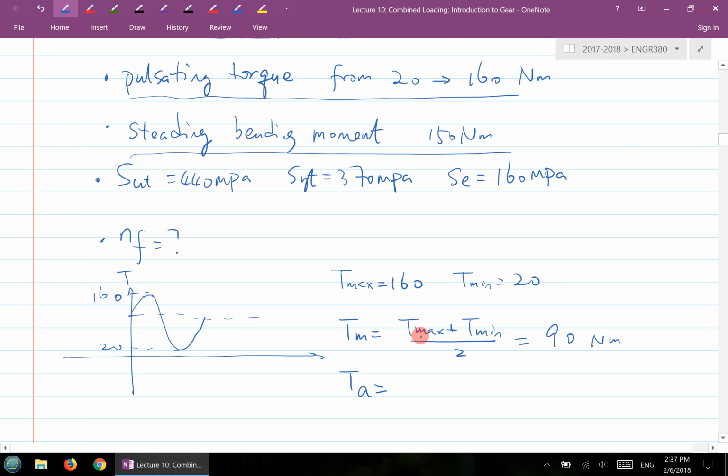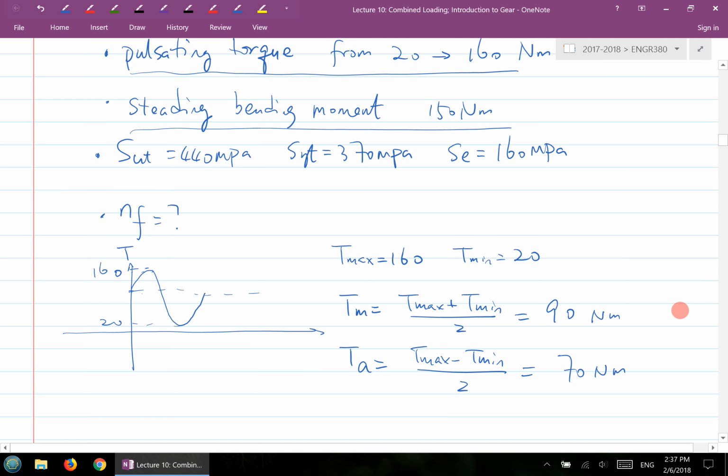And we can calculate the amplitude: 160 minus 20, 140, divided by 2, so 70 newton meter. That's the torque portion.